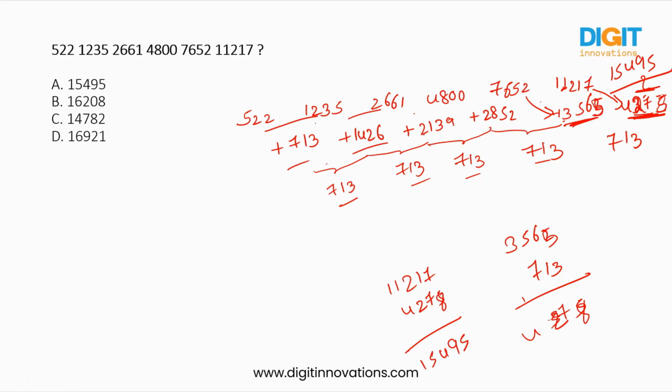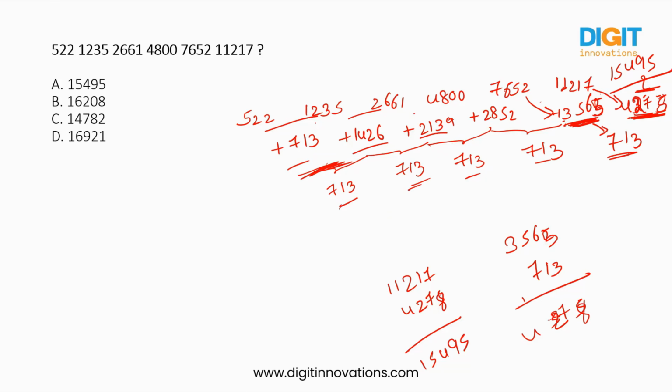So what I did here is first I checked the addition, as I told you how much it is being added. I checked all this and I got the values till here, but I didn't get any pattern, and again I went with the addition process by checking these differences. So I got a pattern here. 713, 713, 713 is being added for the differences. So for the difference I got here, I added 713.